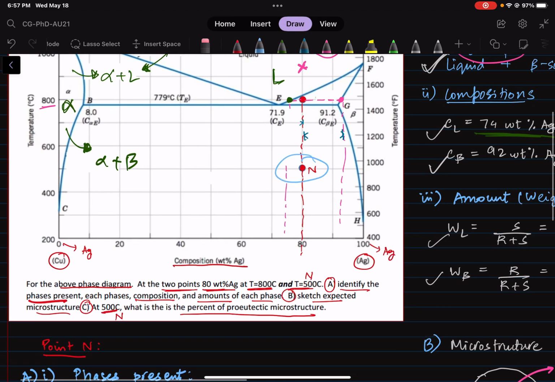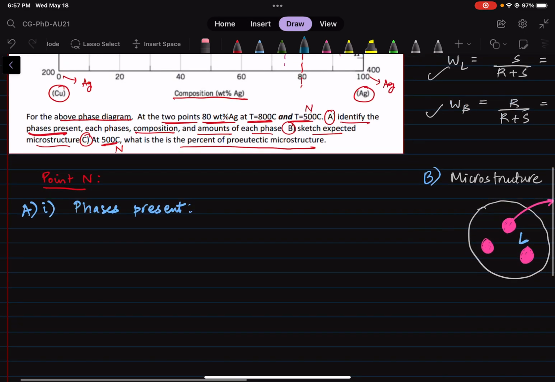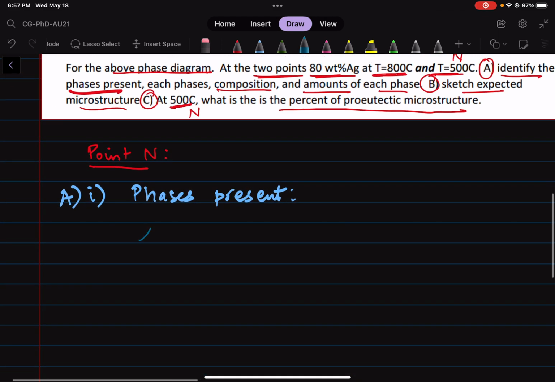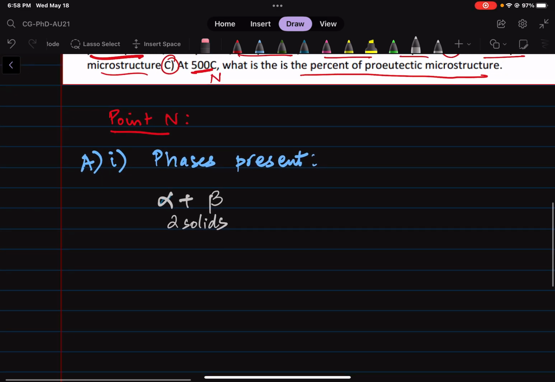Point N is in this region, and we know that in this entire region you will have alpha plus beta. So the phases present at point N will be alpha plus beta. So you have the two solids, alpha solid and beta solid, present in this region.